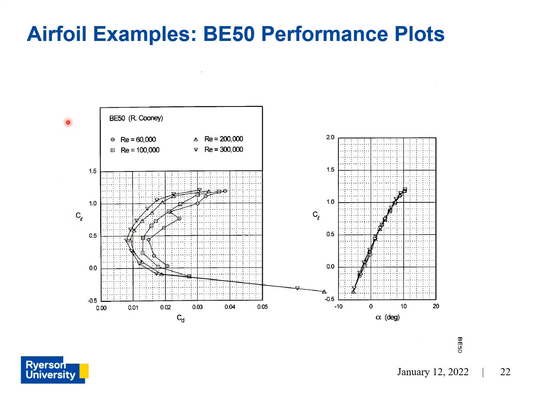So all in all, the BE50, because of the way the drag behaves, has a good glide endurance. Also, this airfoil is less sensitive to trim changes, which implies that this design has a good static stability. So that means the aircraft will have a tendency to stabilize itself during flight. So that's the BE50.